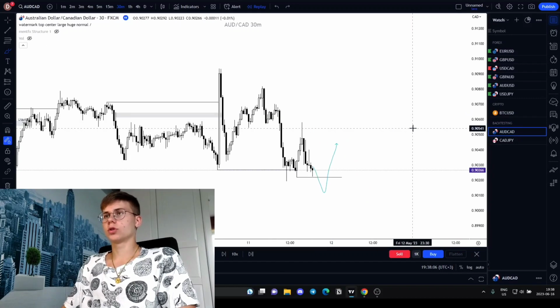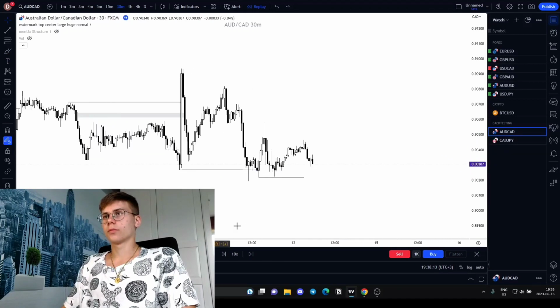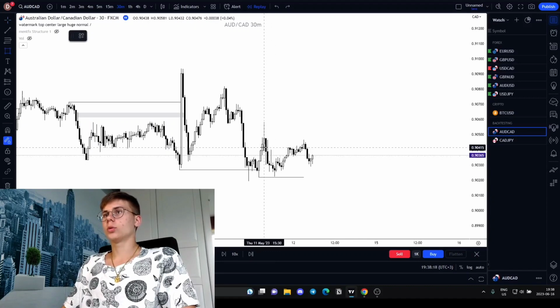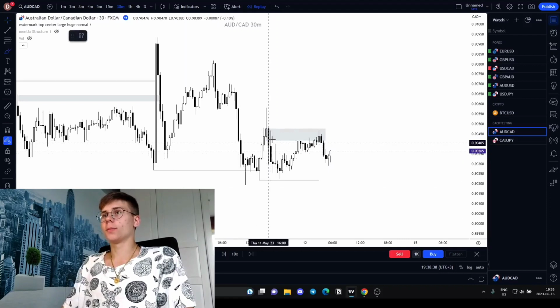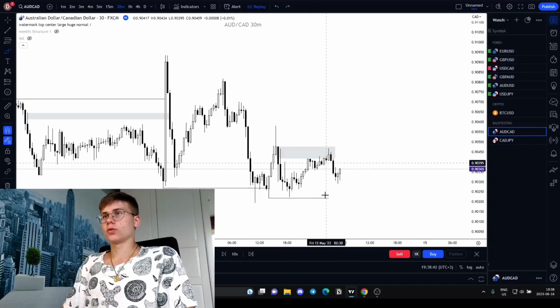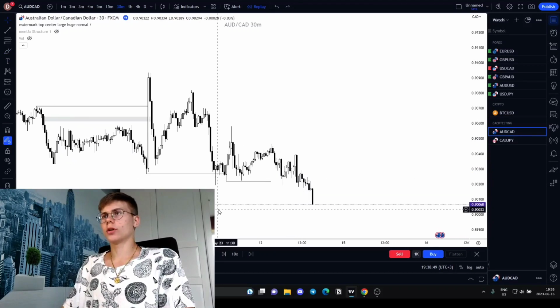Everything is bearish. No longs. And look, guys, imagine there would be an unmitigated zone, but you can't take it because there was no break. So you can't take it. We're still waiting for that break.